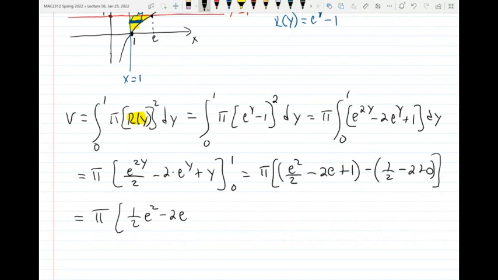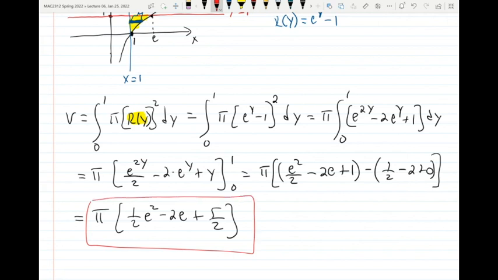That's 5/2. Plus 5/2. Right? And then that's it. We cannot do much here, so we stop there. Okay, but again, really the important thing is to be able to set this up and to get this integral right here. Okay, then the rest is just computation.